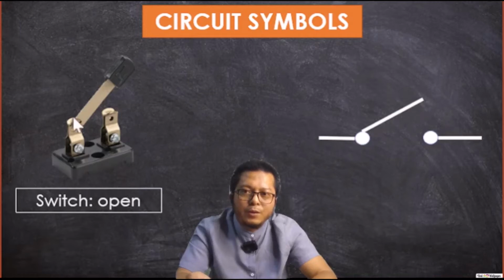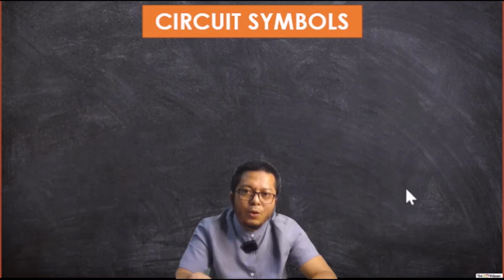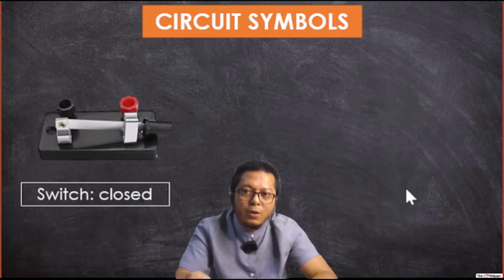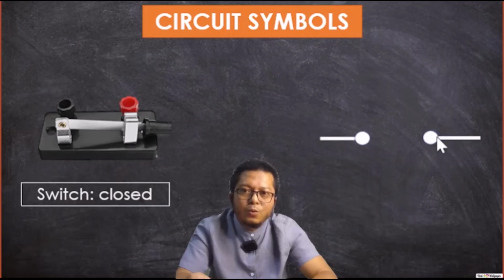Okay, it's the same like here, it's open. For close, switch close or turn on like this, two circles, two dots, line, and one line above it. This is called closed switch in a drawing.